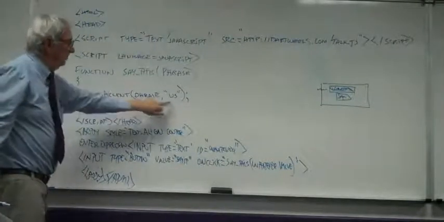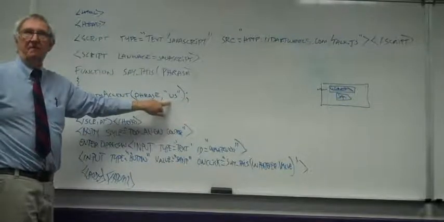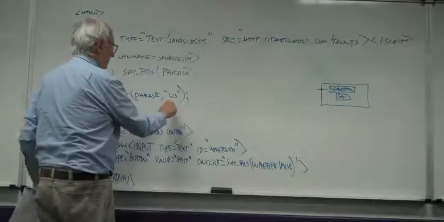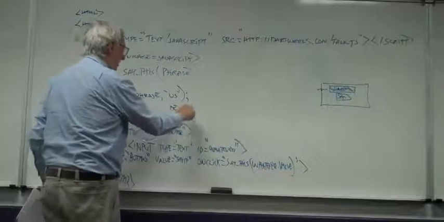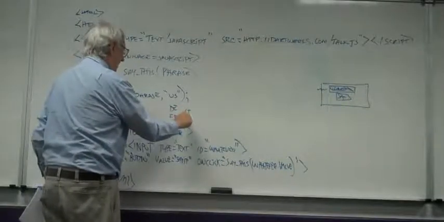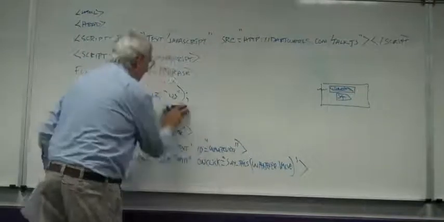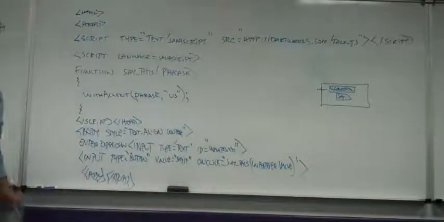So I send it up there, but I also have to tell it what kind of accent to use. You use lowercase US right here. You could use different things. You could change your program to write DE, which is German, FR, which is French, IT, which is Italian. Are those the universally accepted codes for that accent or language? No, these are ones I made up.